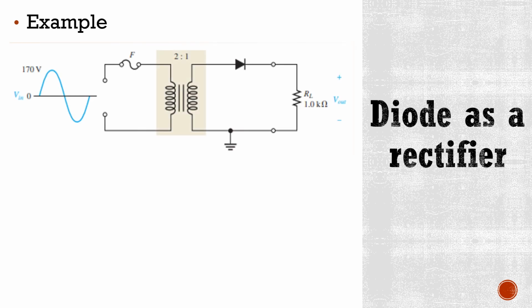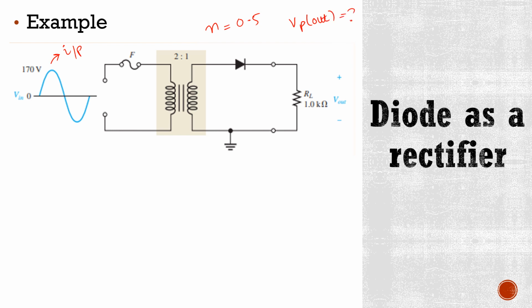Now look at this example. If you have a circuit like this where this is input voltage, turns ratio is 0.5. Then what is the peak output voltage?